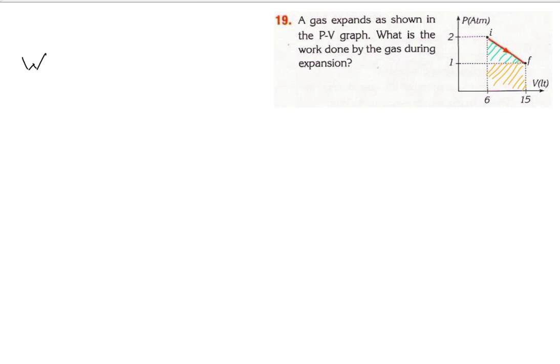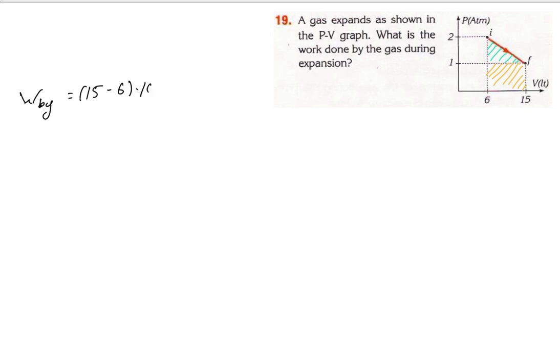So work done by gas, because it is expanding, will be equal to the area, which is 15 minus 6. Just hold on, let me write it here. So work done by a system will be equal to 15 minus 6.